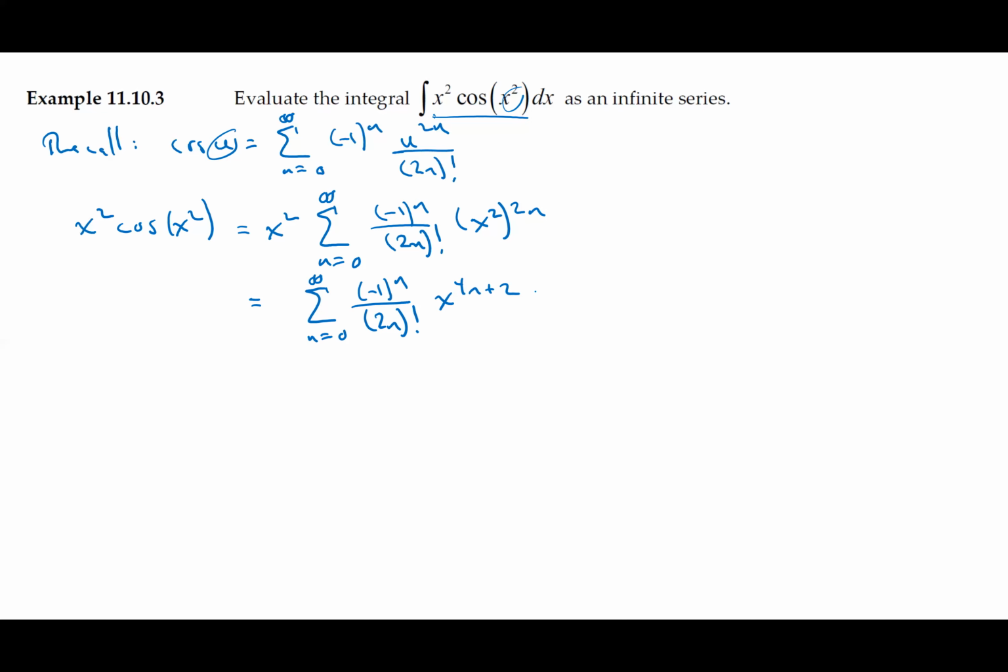All right, so let's integrate both sides, okay? The integral of x squared cosine x squared dx equals, well, let's integrate this other side.